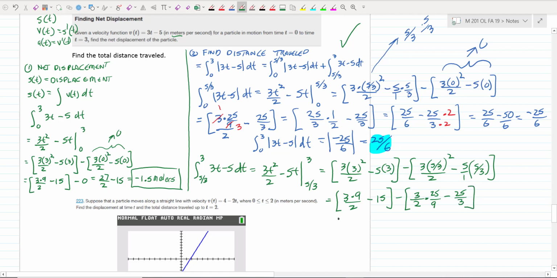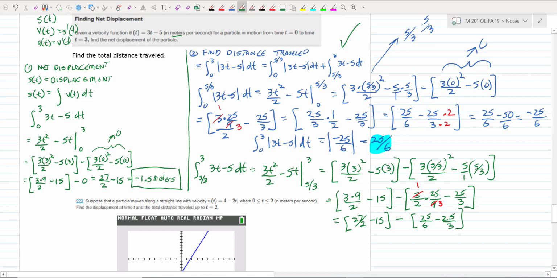So we can do that. It looks like we get 27 halves minus 15 minus, whoops, then I want to have minus. I can go ahead and reduce this fraction to 1/3. So I would end up getting 25 over 6 minus 25 over 3.